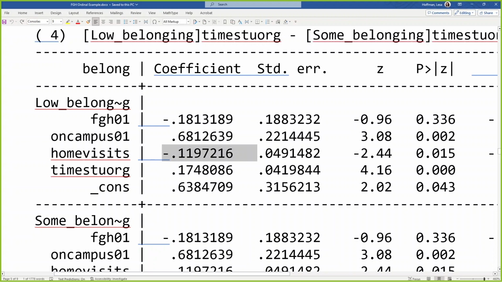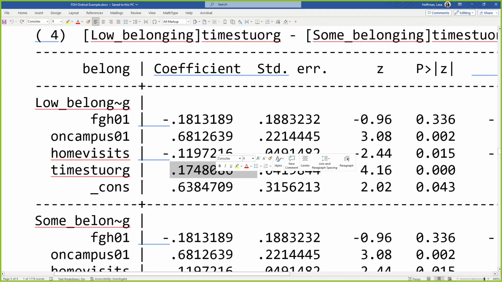So regarding home visits, we see that the expected logit is actually decreasing for each home visit that a student completes, I guess. And then time in student organizations is a positive predictor. So as students are spending more time, the expected logit when predicting higher than low is positive.